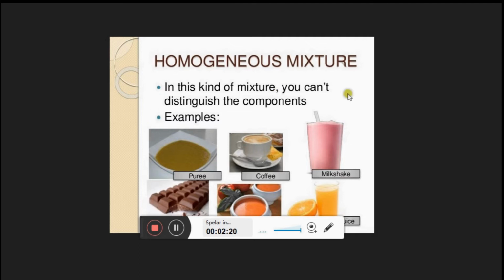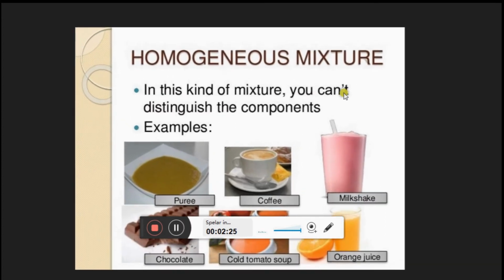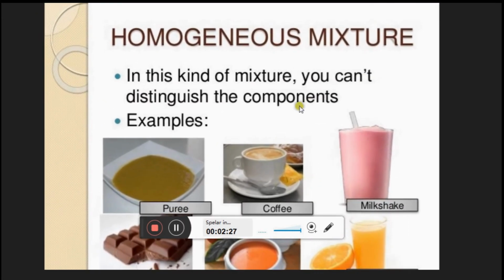Children, you can see here what a homogeneous mixture is. In this kind of mixture, you can't distinguish the components. Whatever is present in this mixture, you cannot separate or tell that this portion has sweet only, this portion has water only, or the coffee flavor.